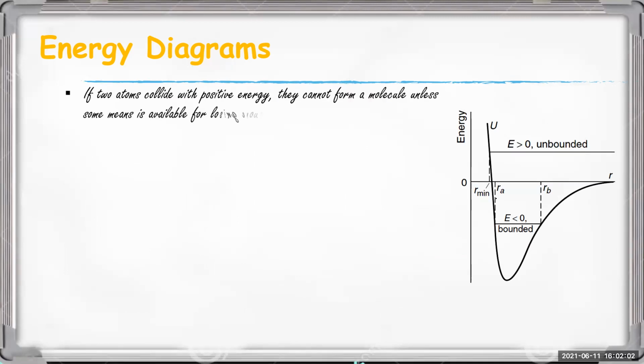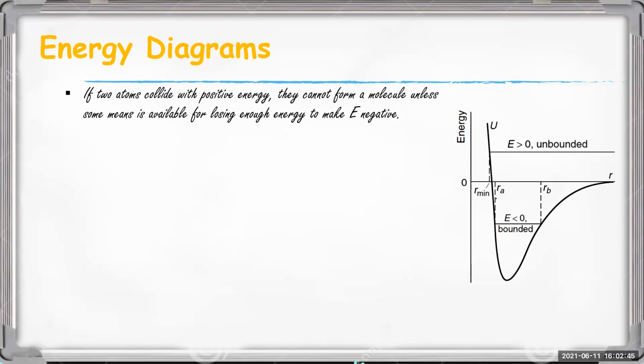Then if the two atoms collide with positive energy, they cannot form a molecule, because if energy is less than 0, it will be a bounded state. If the two atoms collide with positive energy, they cannot form a molecule unless they release some energy.